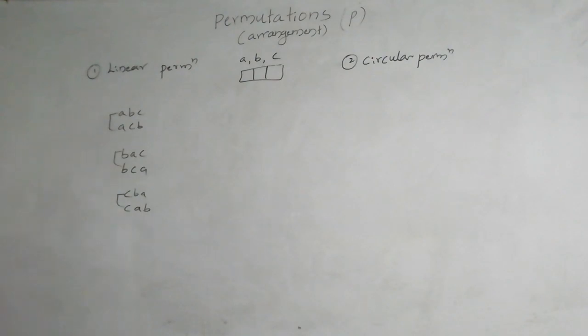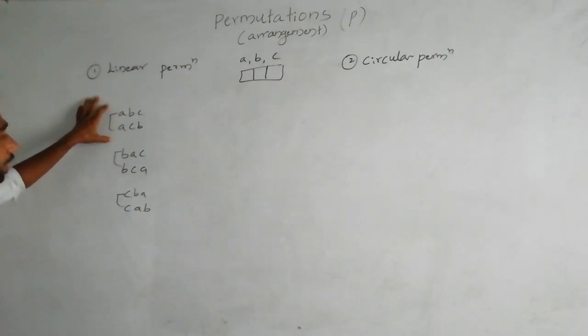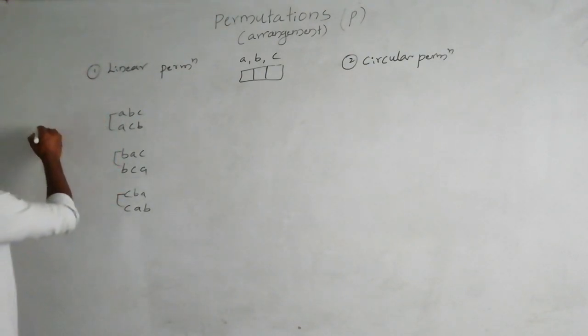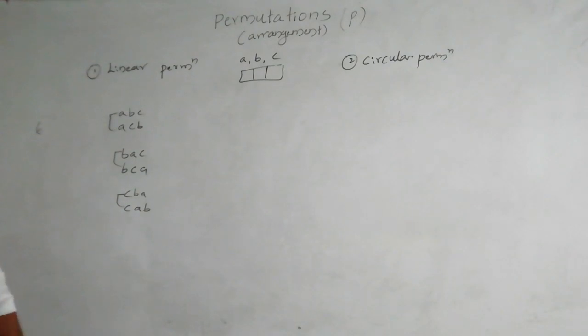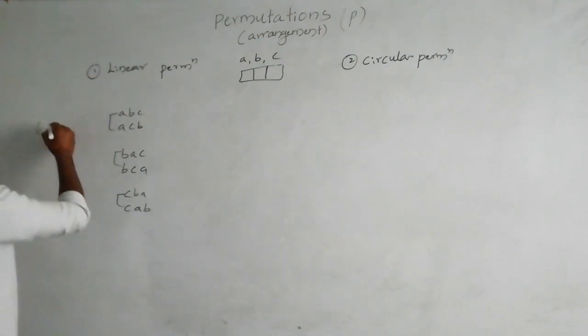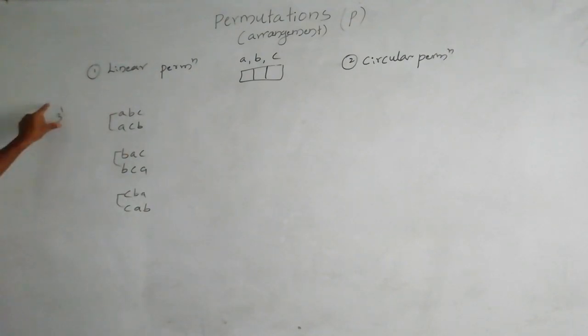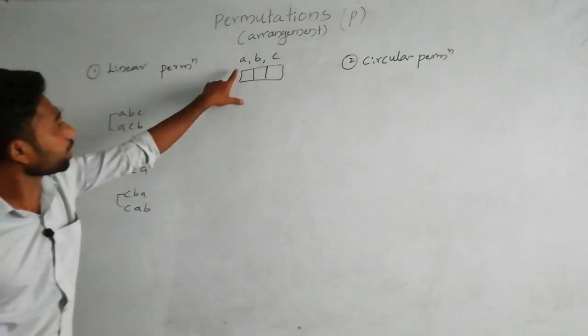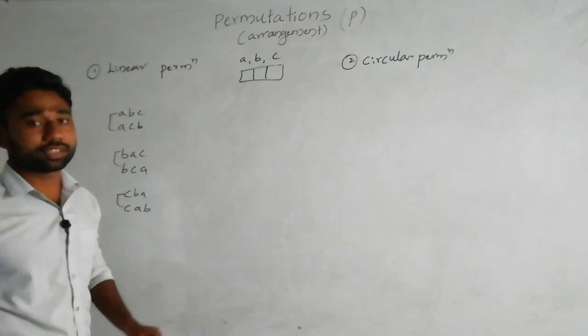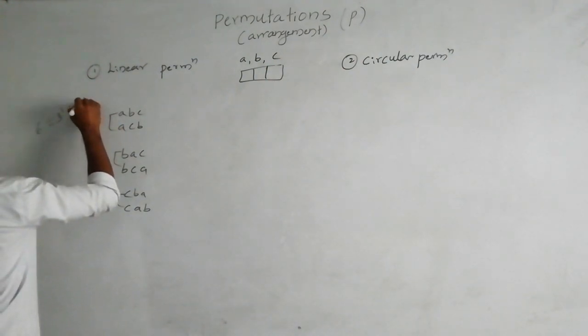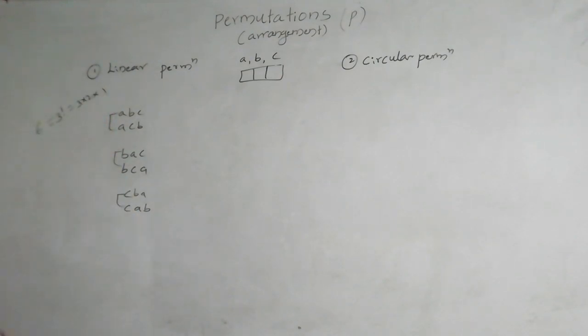So these are the six permutations, six arrangements: 1, 2, 3, 4, 5, 6. Six we can also write as 3 factorial. Here 3 represents the number of letters, 3 places, so 3 factorial is 3 into 2 into 1.